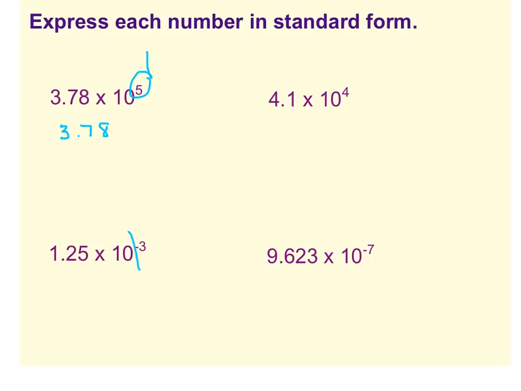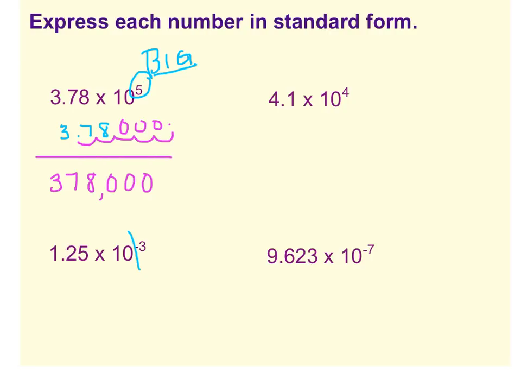So positive exponents give us big numbers. And to make this 3.78 bigger, we're going to move our decimal 5 spots to the right. So 1, 2, 3, 4, 5, and you fill in zeros. So our final answer is going to be 378,000. That's standard form when you take it out of scientific notation.